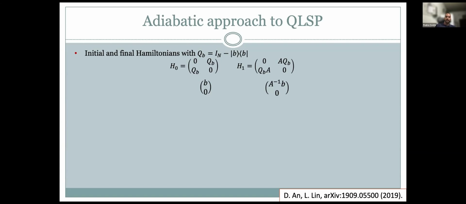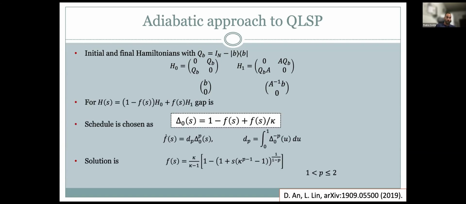And then the idea is to interpolate between these two Hamiltonians by a given eigenpath, following the interpolation by some schedule function, right?